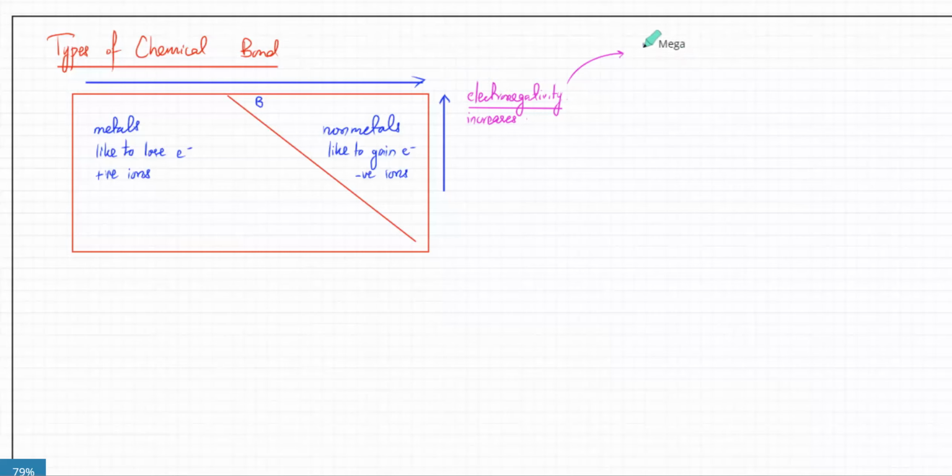It's the tendency for an atom to gain a shared pair of electrons.